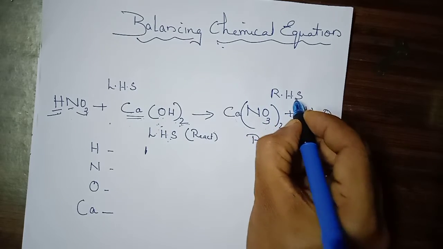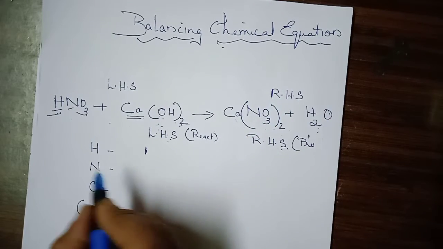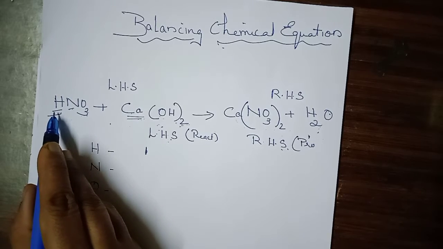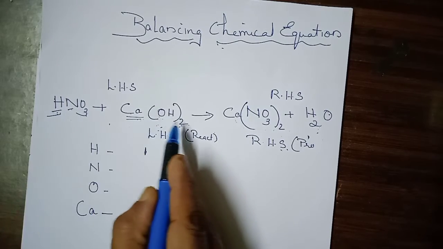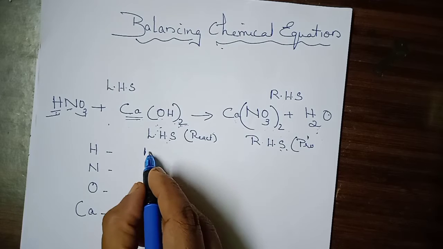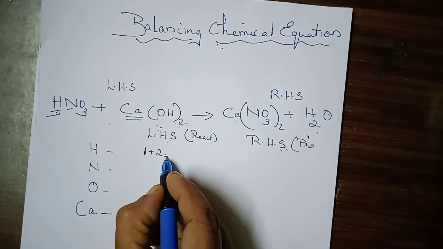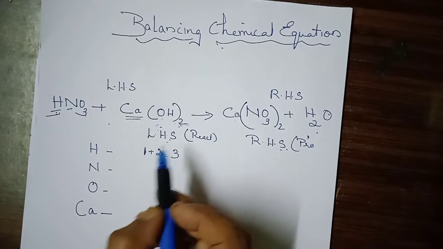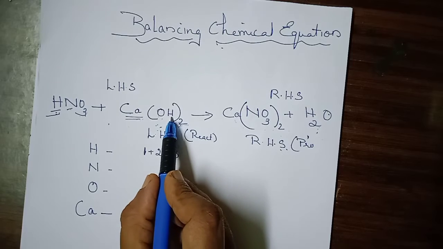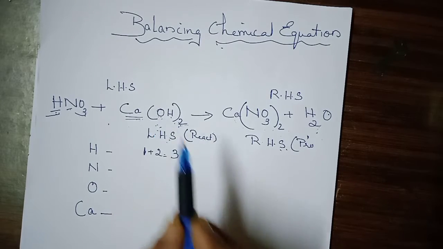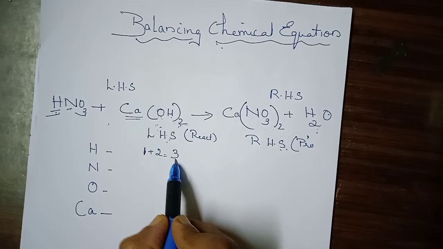We are going to write the number of atoms of each element. So for hydrogen, here we have 1 plus 2, that is 1 plus 2 equals 3. This 2 is applicable for hydrogen as well as for oxygen. That is why I have written 3 here.